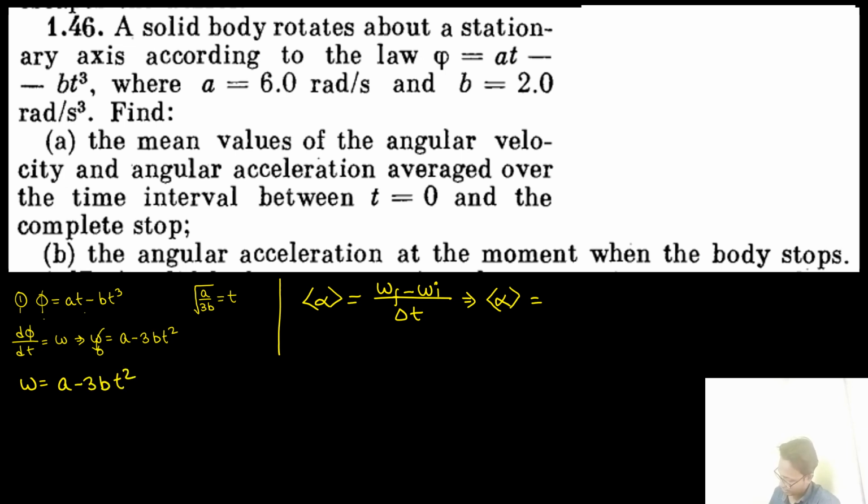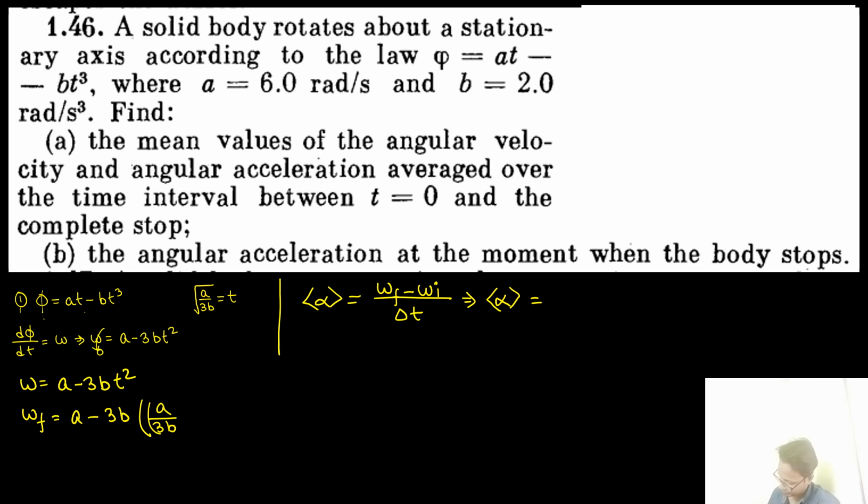So final would be a minus 3b into what is the time? Time is nothing but (a by 3b) to the power 1 by 2. That is the time when the particle stops, so (a by 3b) to the power 1 by 2, whole squared. So this 1 by 2 and this square would get cancelled.